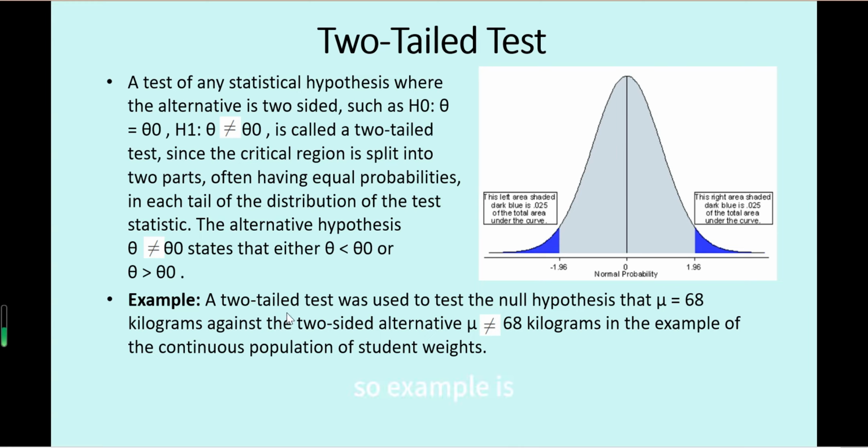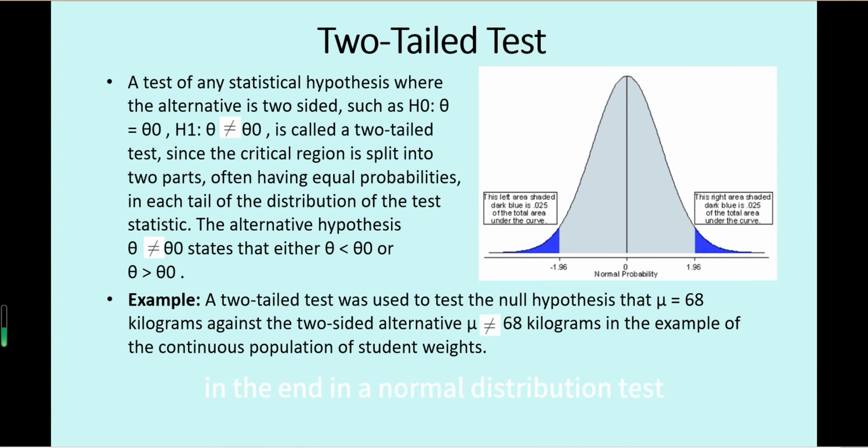An example: a two-tailed test was used to test the null hypothesis that mu equals 68 kilograms against the two-tailed alternative mu not equal to 68 kilograms, for a continuous population of student weights. You test a random sample and get the test statistic.